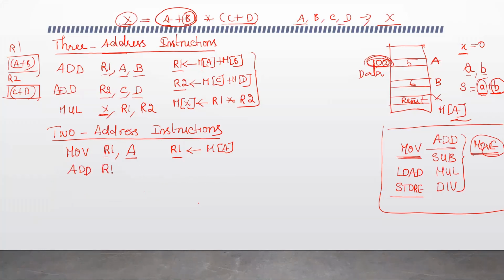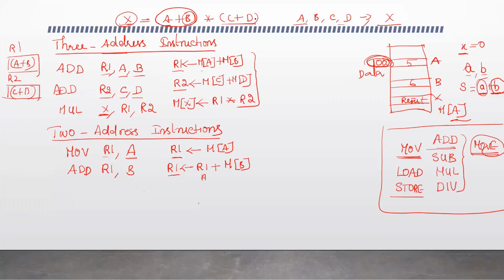What this instruction does, it adds the content of R1 to memory operand B. R1 already has A moved into it. So A plus B is added and stored in R1. So we have the partial result of A plus B in R1.